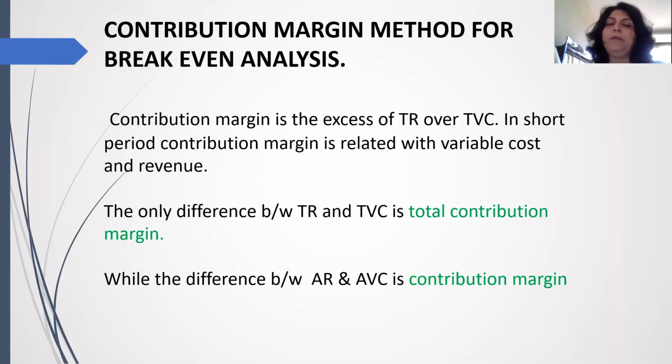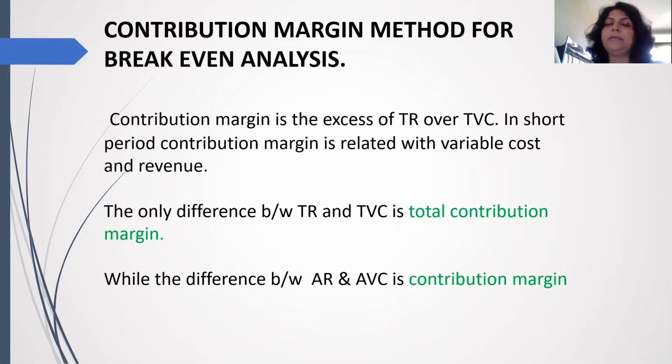And at the point of break-even where TR is equal to TC, at that point your TCM, that is total contribution margin, will be equal to TFC, that is total fixed cost. I repeat, break-even is a point where TR is equal to TC.